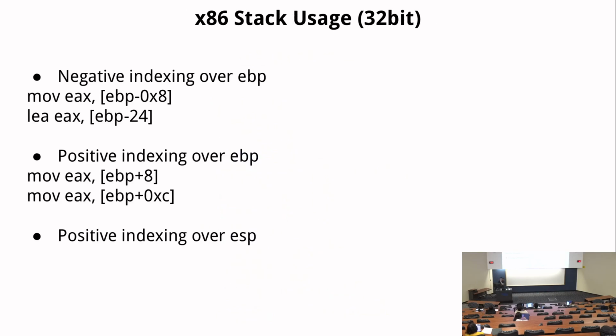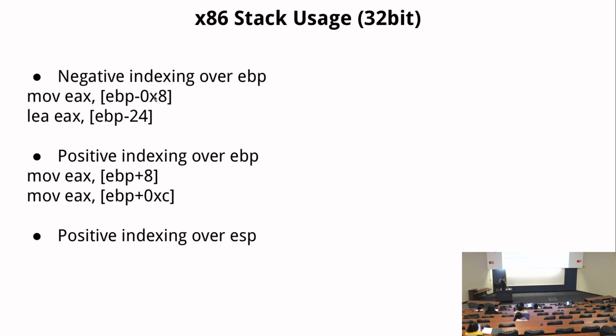Let's see several examples. Let's just guess what those instructions are doing. We have EBP minus 8, and we are moving that to register EAX. What do you think is at the address EBP minus 8?